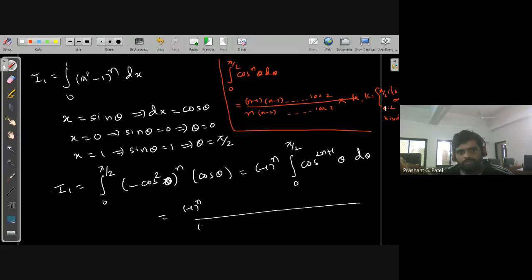So it is 2n plus 1 in the denominator, and in the numerator 2n, 2n minus 2, up to 2, and here in the denominator it is up to 1.